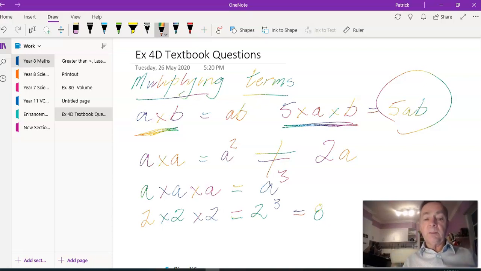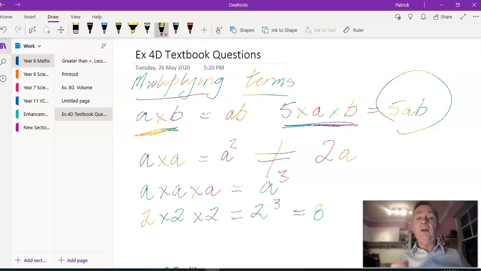We can multiply unlike terms. Generally, we don't show the multiplying sign, but a term or a number multiplied by itself is raised to a power. Such as A times A equals A squared.